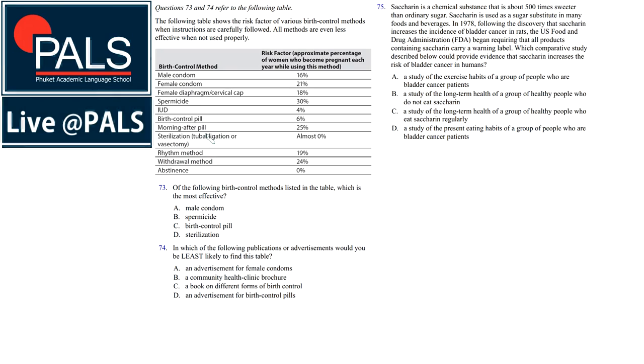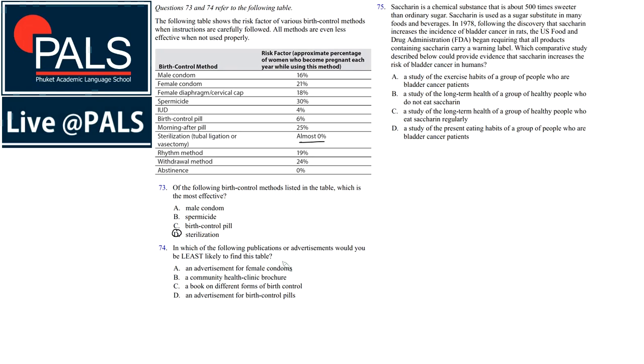So we're looking for the lowest percentage, and we can see here almost 0% is sterilization, tubal ligation or vasectomy, which is basically not being able to reproduce anymore, and therefore it is almost 0%. So that means D is the correct answer, and almost 0% means most effective.